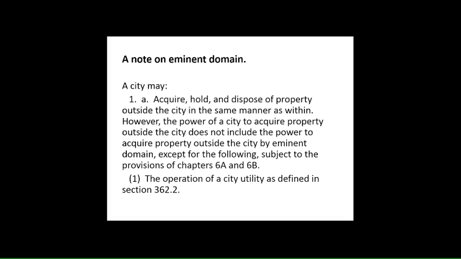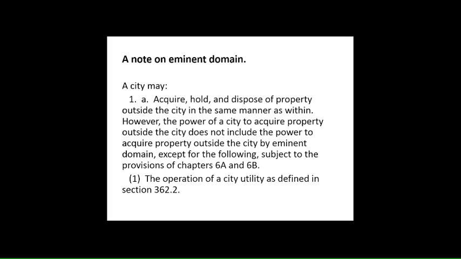So let's go on to some of the specific powers granted to municipal utilities. These are some notes on eminent domain because they run a little different than one would think when we deal with certain rights of the city. This is 363.1. I notice I don't have the section number on here. It has to do with the right of a city to acquire property outside of the city.